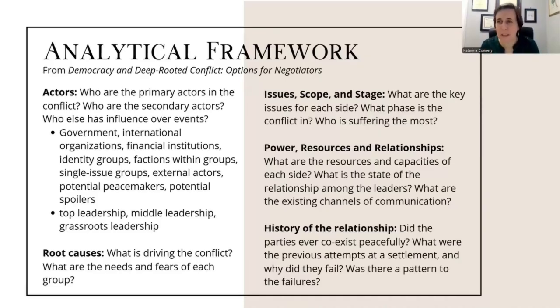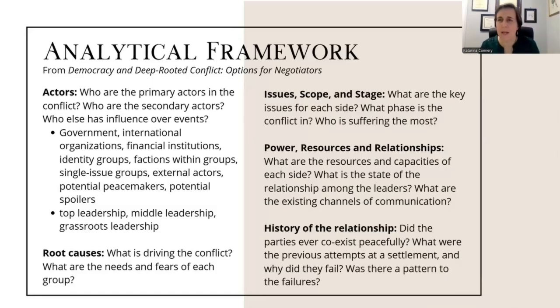The relationship among the leaders. If you're dealing with leaders with their particular agendas or their egos, how is that impacting the conflict and how things are going, the trajectory, and the future hope for peace? What are some of the existing channels of communication? How are they utilized? Are there open channels of communication, or is there no communication at all?